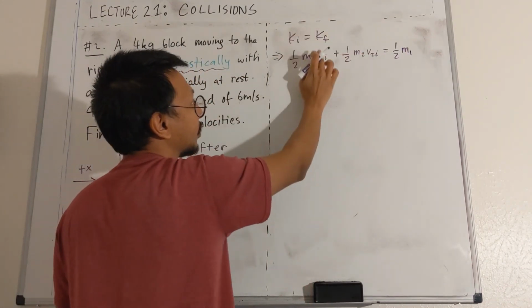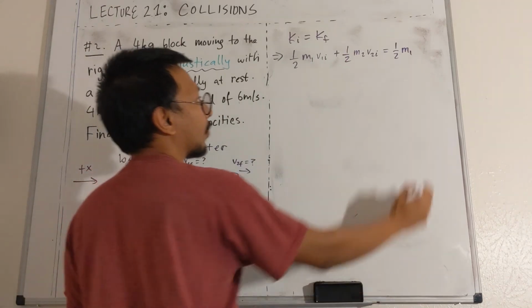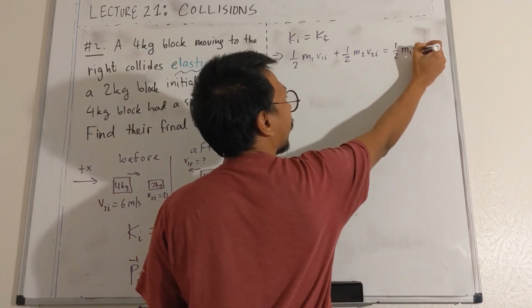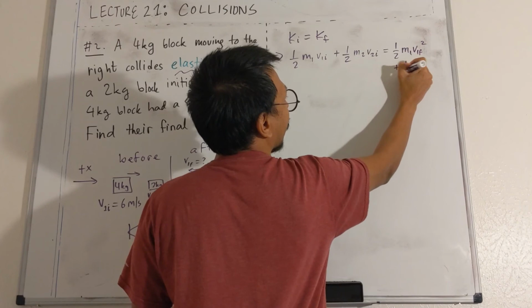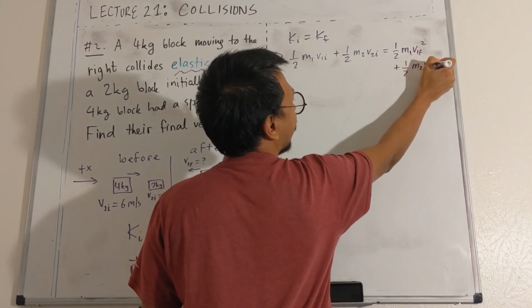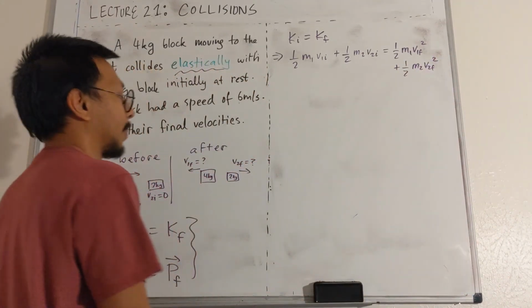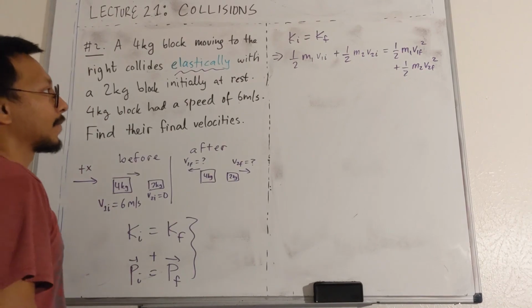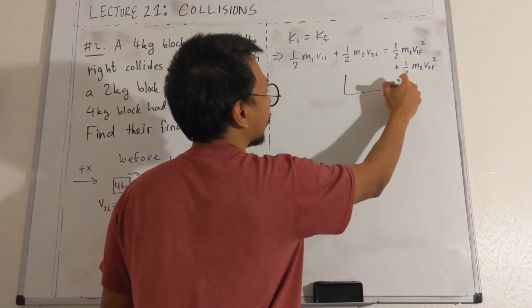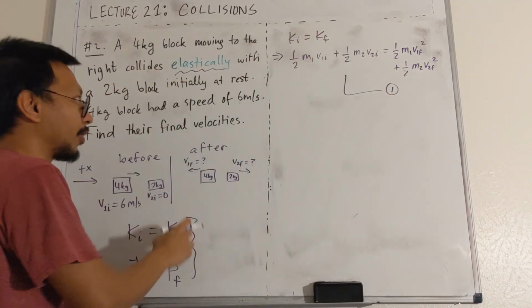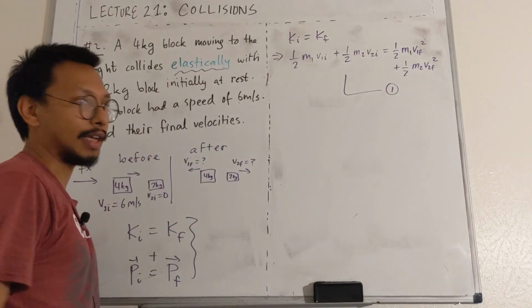For the final velocities, we have 1/2 m1 v1 final squared plus 1/2 m2 v2 final squared. All right, this is one equation, and this is for any general problem for which the collision is elastic.